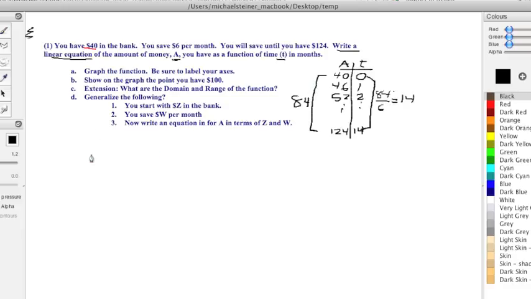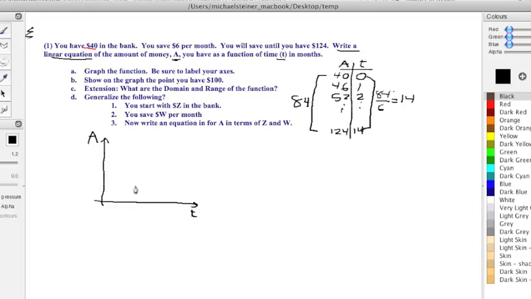So if we graph this function, that's what I first want to do. To think about which label should go where, our amount A is a function of time t. We could do it the other way, and say that time is a function of A, because it would just flip these axes.